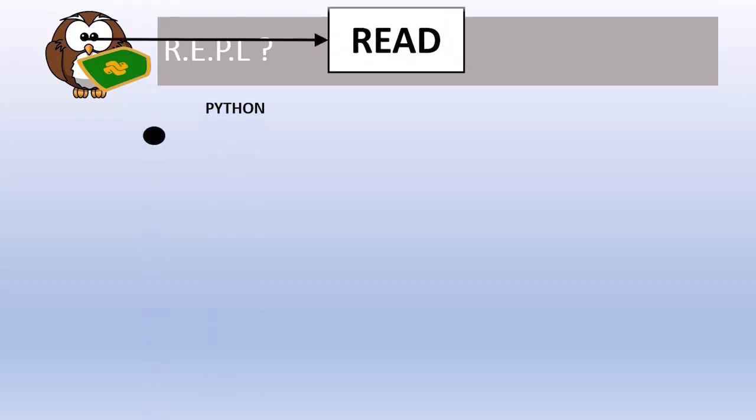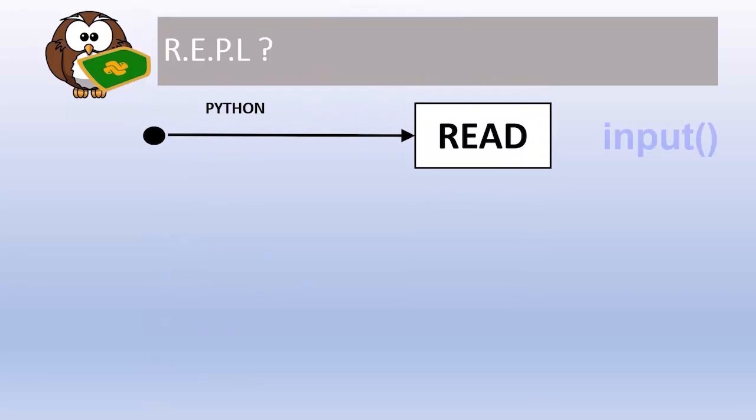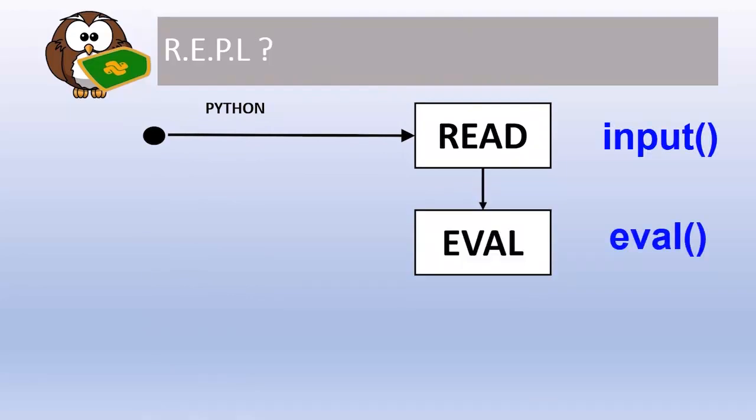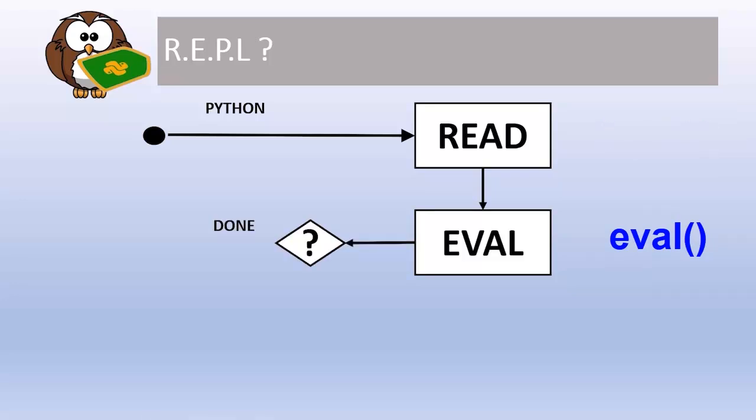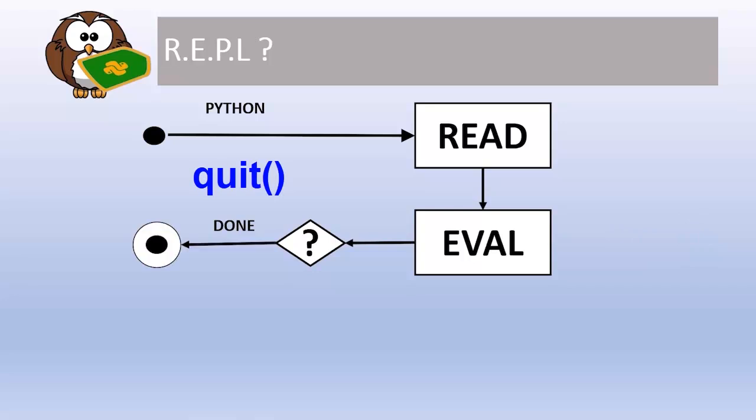And of course, we did cover the REPL mode, which comes down to Python being able to read things using the input function and evaluate things that it has read using the eval function. Then checking to see if things are done. And if things are done, of course, it will use the quit or the exit function.